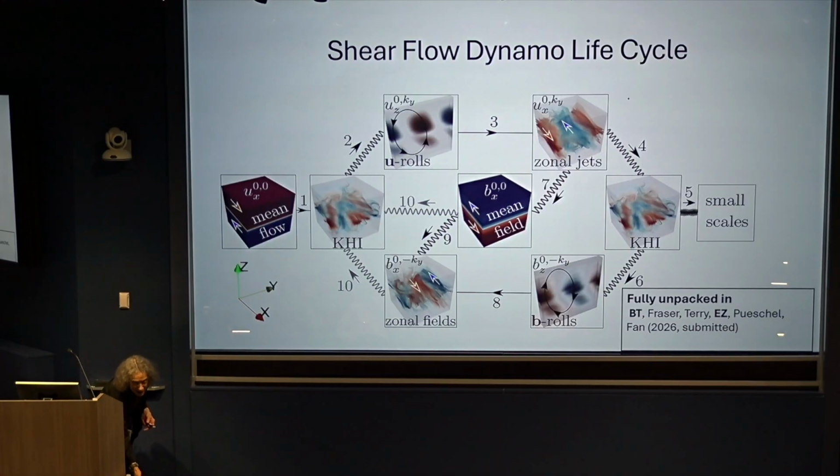So for the dynamo, don't be intimidated by this 10-step life cycle. I'm not going to go through the whole thing in detail, but I want to make the point that we would not get this shear flow dynamo without the generation of a secondary flow, these so-called zonal jets that are parallel to the initial shear flow, aligned with it, displaced from it, and have a three-dimensional structure.